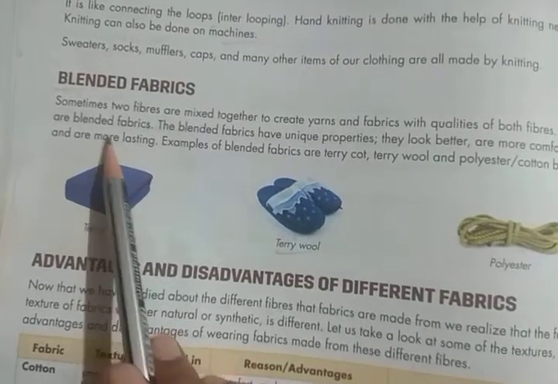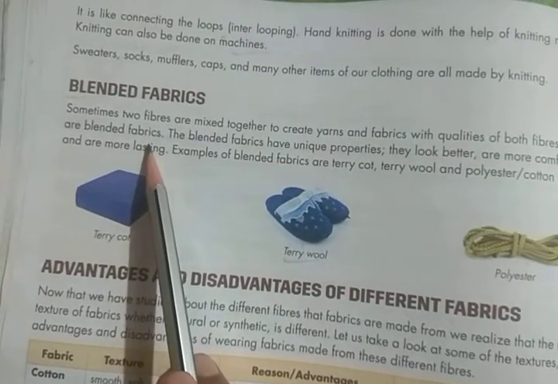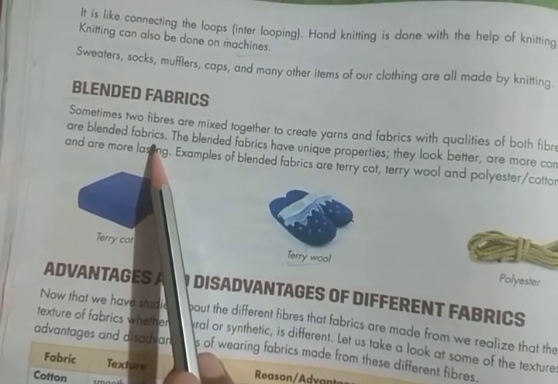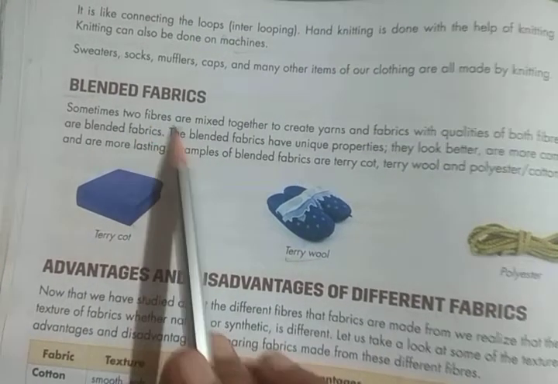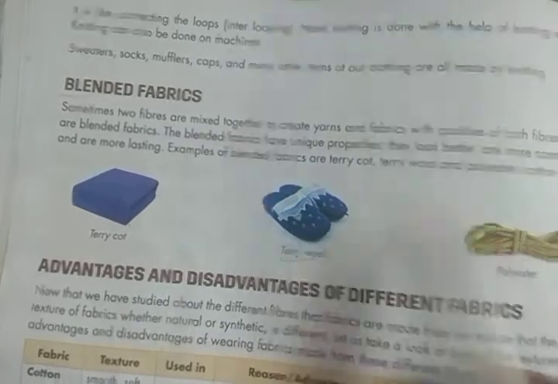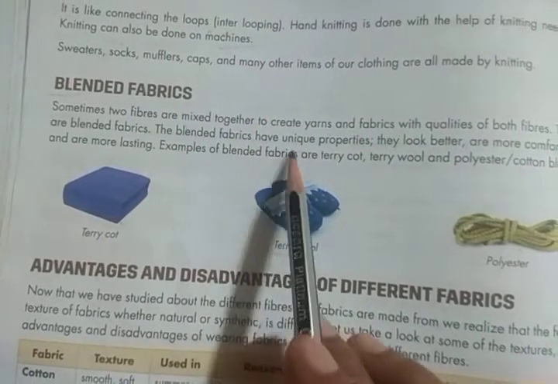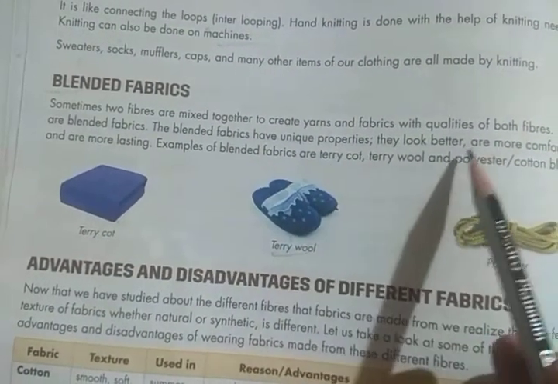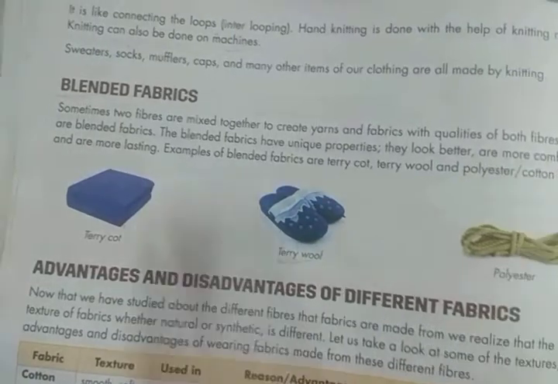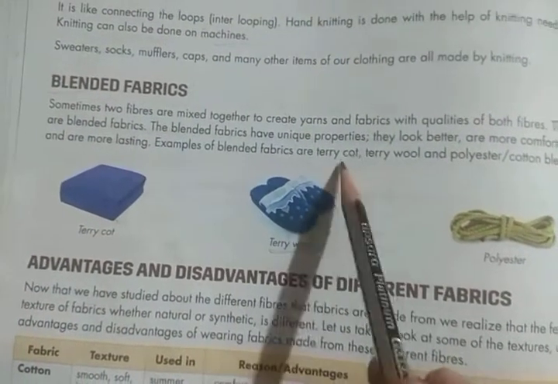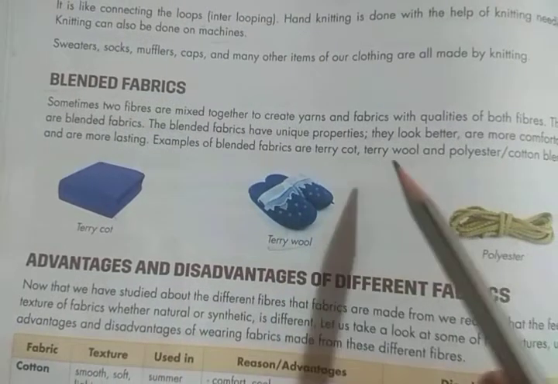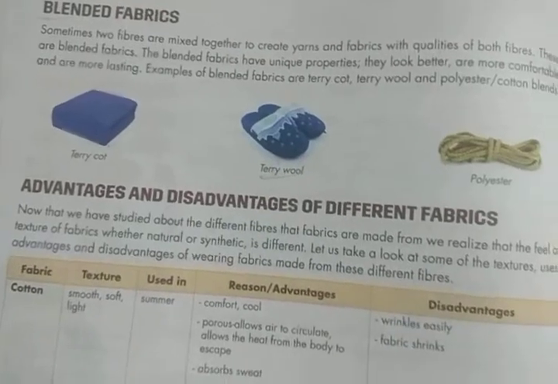These are blended fabrics. Why? Because here two fibers are mixed together. Blended fabrics have unique properties. They look better, are more comfortable, and are more lasting. Examples of blended fabrics are terrycot, terry wool, and polyester-cotton blends, etc.